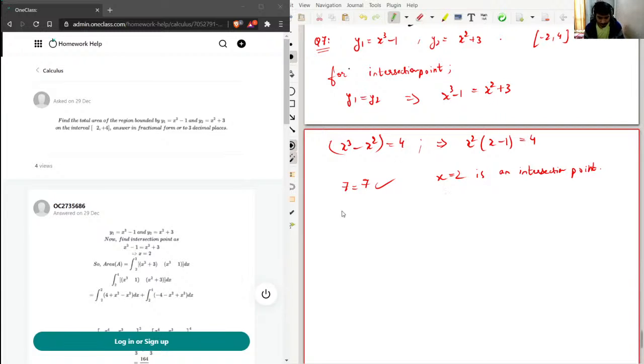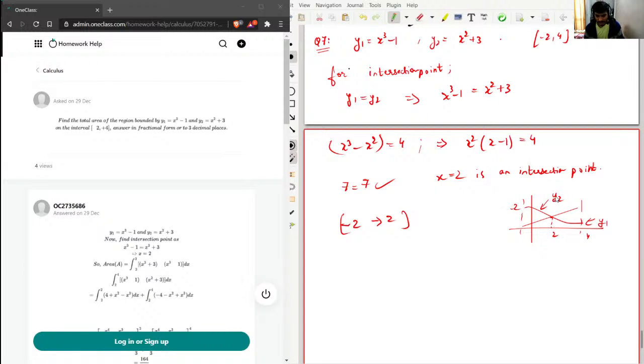Therefore, for the interval of -2 to 2, my y2 will be above. Suppose that this is the graph, and let's say this is y2 and this is y1. Obviously they are not straight lines, but let's say this is -2 and this is 4, and we need to find the area in this interval. For the case of -2 to +2, let's say this was the intersection at +2.